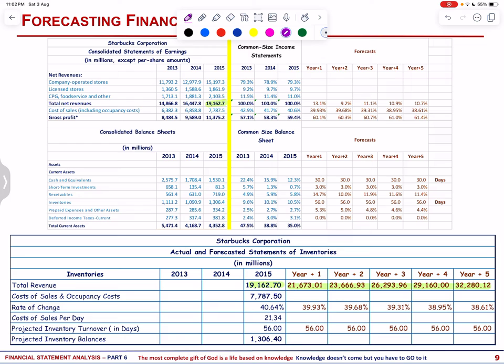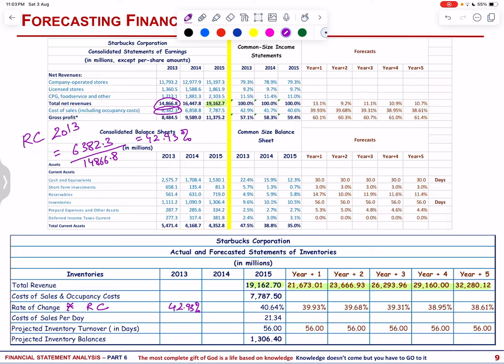Then the rate of change, and for the year say 2013, this is equal to cost of sales and occupancy cost, that is 6382.3 divided by the total revenue, that is 14866.8. So this is equal to 42.93%. So for 2013 it is 42.93%.